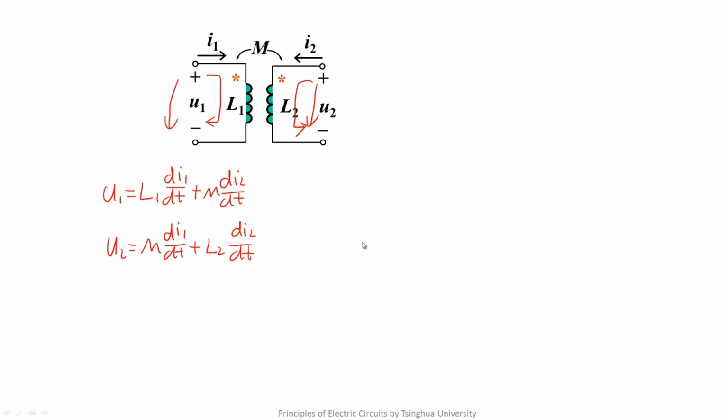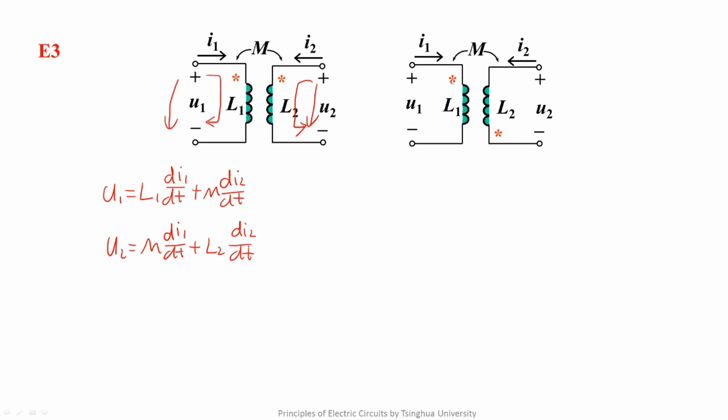Now we look at another example. In this example, the dot convention is not the same as the first one. The KVL of coil 1 also has two items. We write them respectively. The first item is positive because of the associated reference directions of U1 and I1. For the second item, the current flows from the non-dot terminal of coil 2, and the voltage is from dot to another terminal, so it is negative.